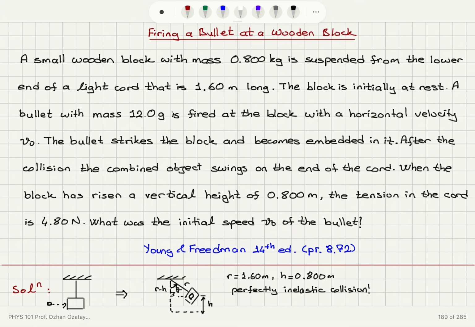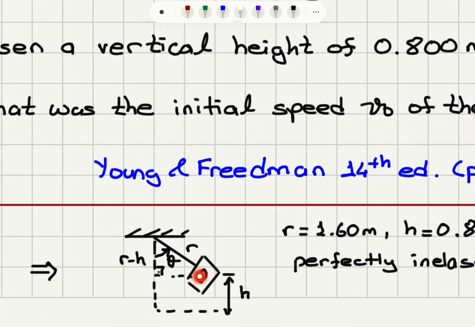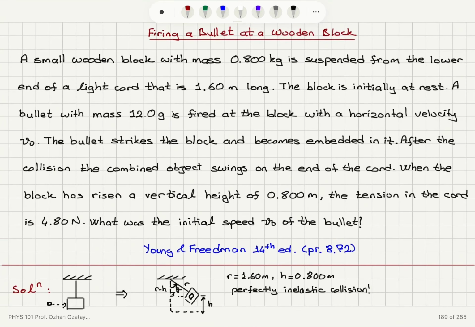We can see from this geometry that if I go up a distance h with respect to the bottom, then this side will be r minus h for this triangle, and I can read the cosine of the angle theta to be (r minus h) divided by r.